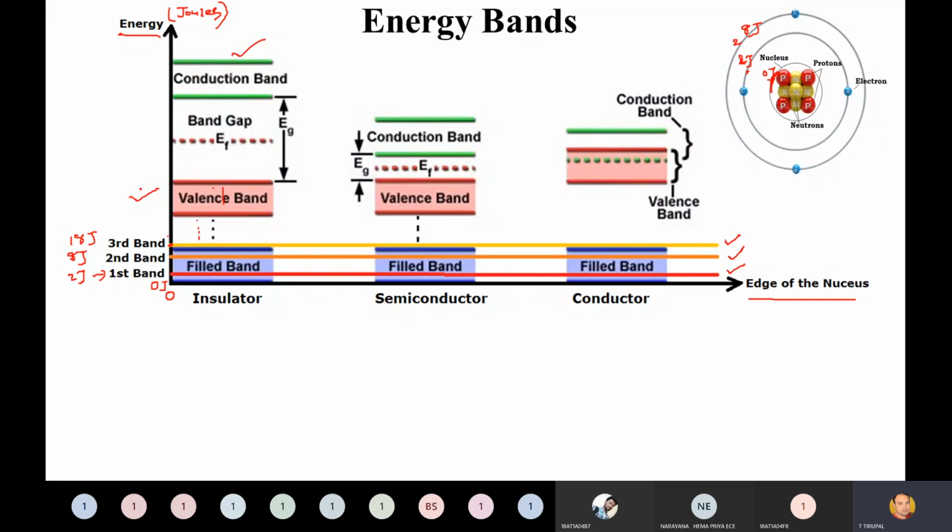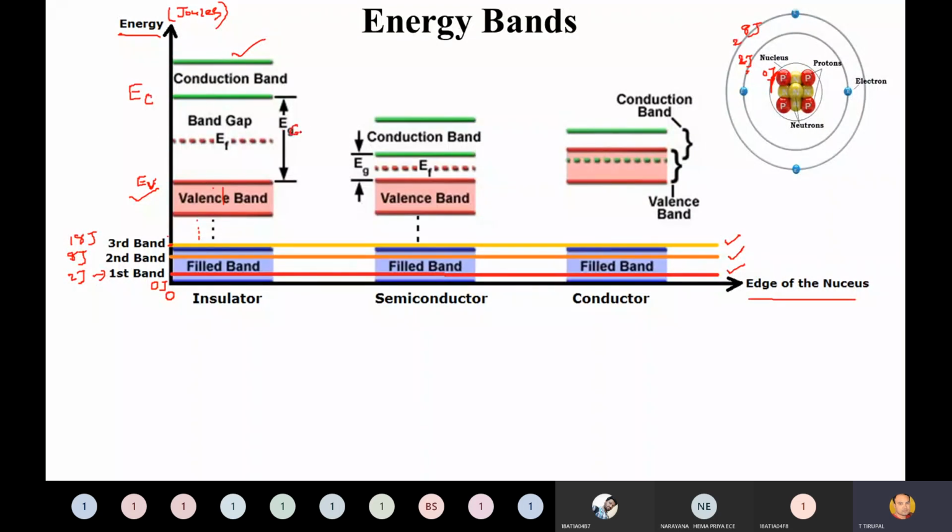So here are important points you need to remember. Valence band energy level is given by EV. E means energy, suffix V means valence band. Here conduction band energy is given by EC. E means energy, again C means conduction band here. So what is the gap between valence band and conduction band? It is called energy gap EG.